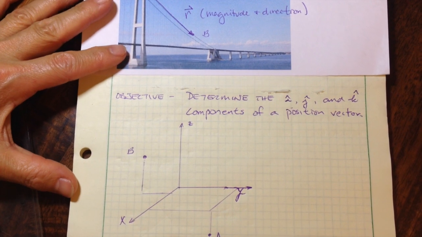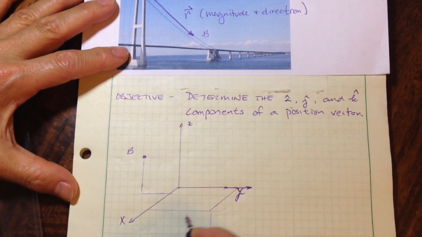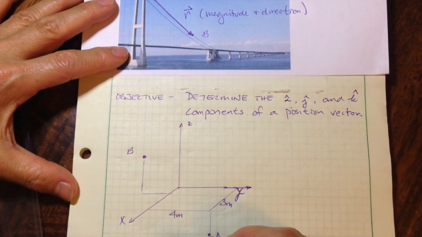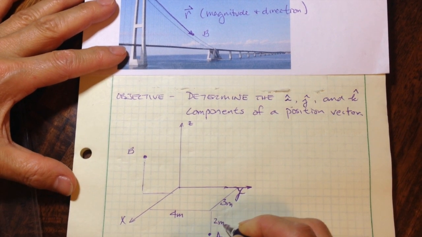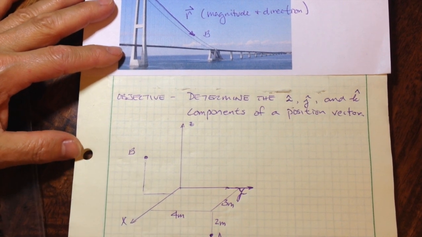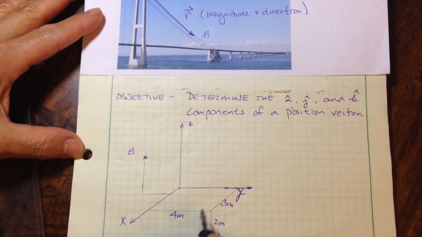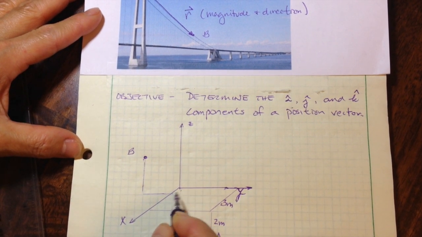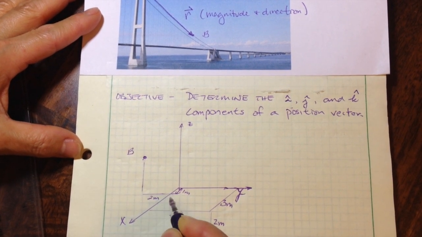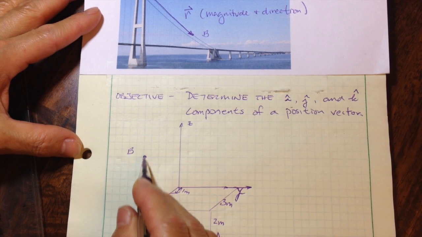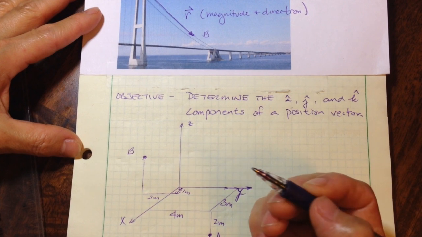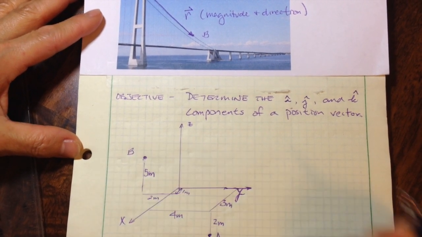Let's say these distances are 4 meters by 3 meters, and it goes down into the Z direction by 2 meters for point A. For point B, let's say it is approximately 1 meter right here, and 2 meters into the negative Y direction, and it goes up into the positive Z direction by 5 meters.